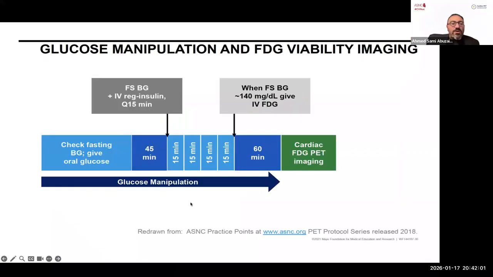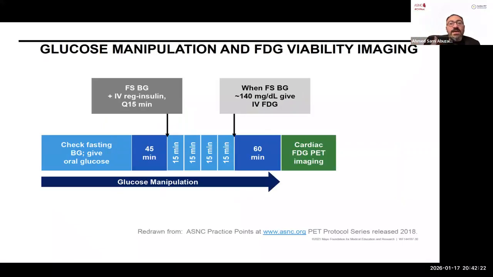You tighten your protocol, you manipulate the glucose, you try to reach the state where there is no uptake of glucose really by the myocardium, and then you inject the FDG and uptake, right? And I think preparation of this is really important. The fasting process of this is very important.